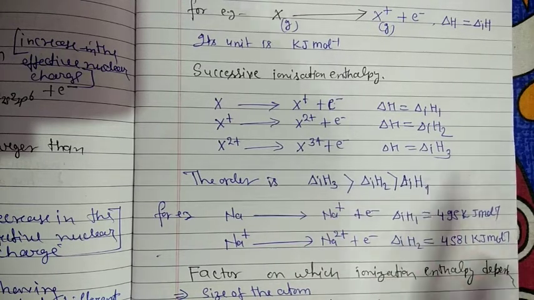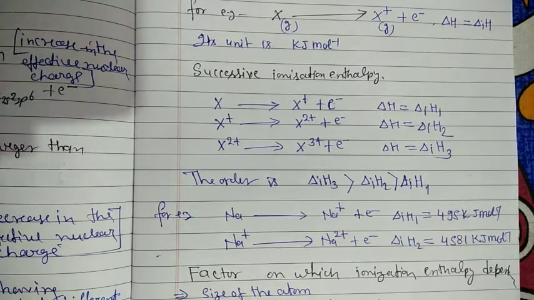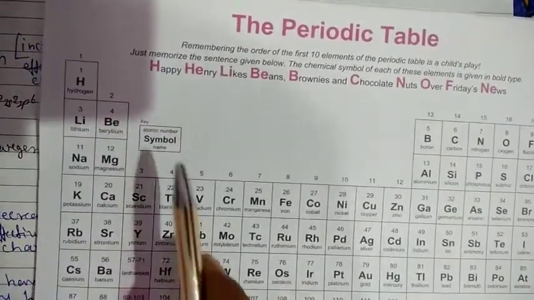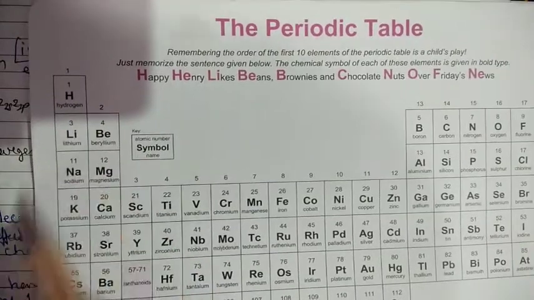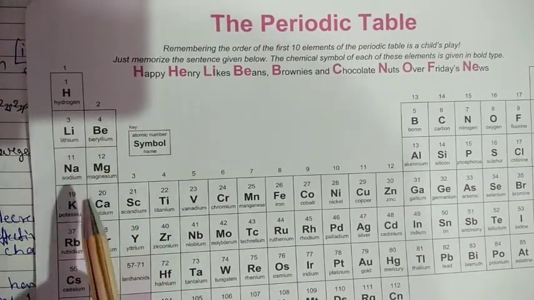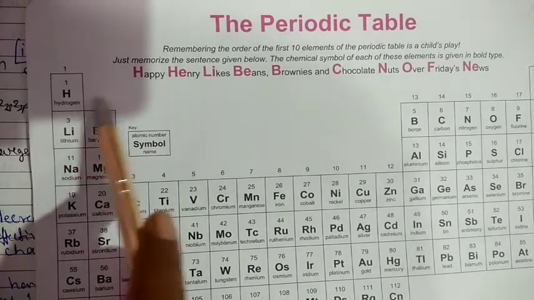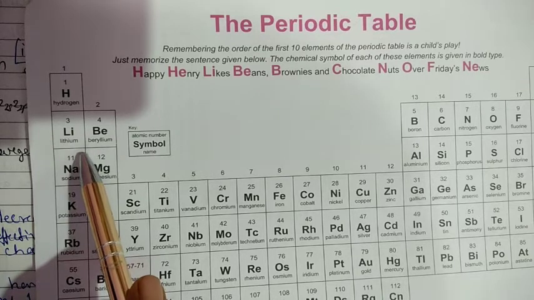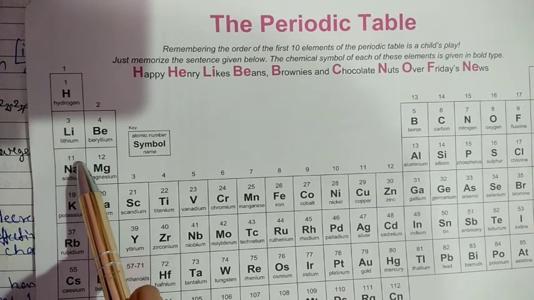Okay, students, and let us talk about the periodic table. We take examples. Group 1: hydrogen, lithium, sodium, potassium, rubidium. The outermost electron present in each element is 1, so they can lose one electron easily.